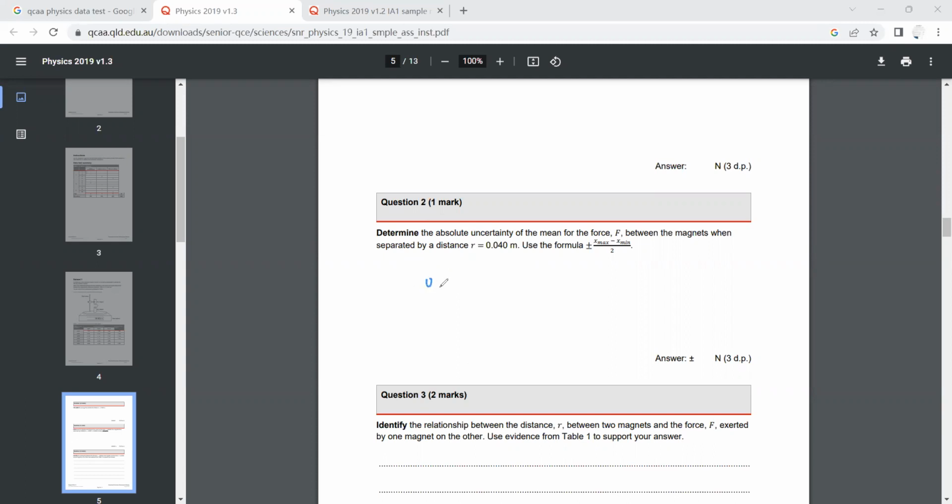For example, 0.062 plus minus 0.001, minus 0.06 plus minus 0.001, over 2. And then the result would probably be 0.002 instead of 0.001.